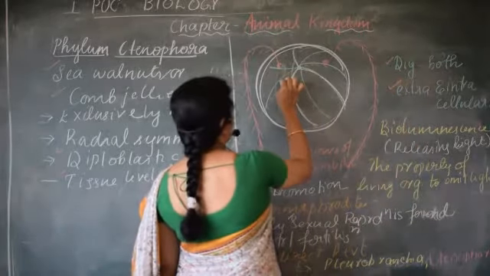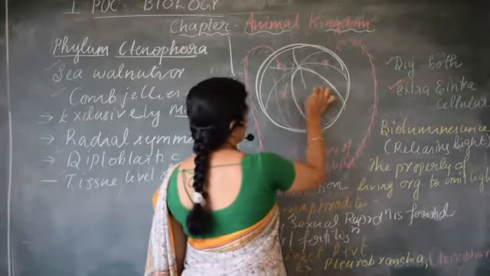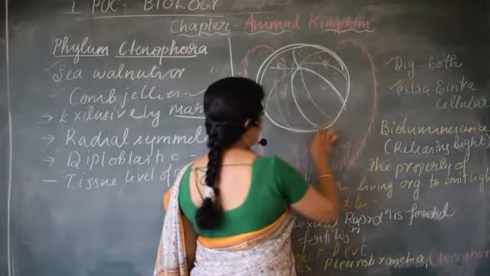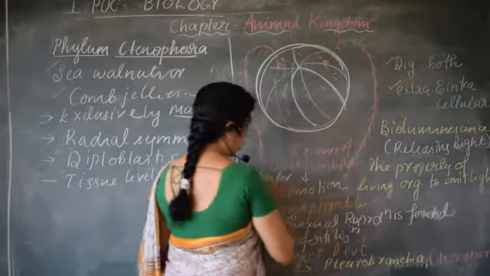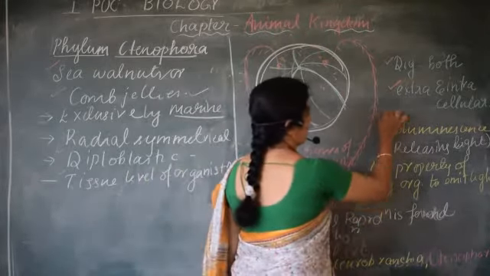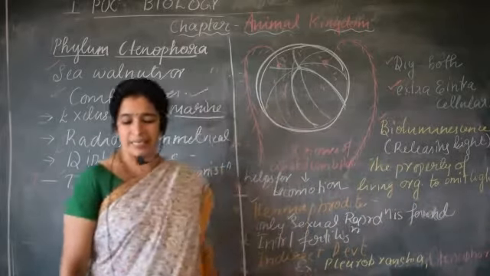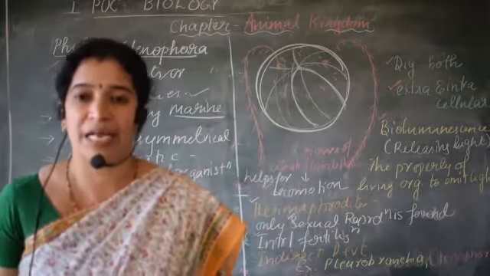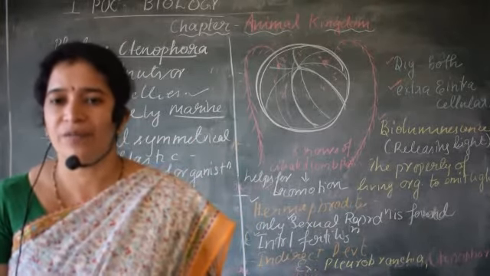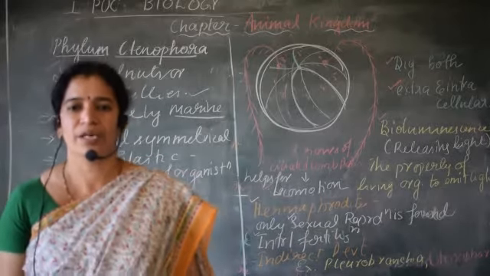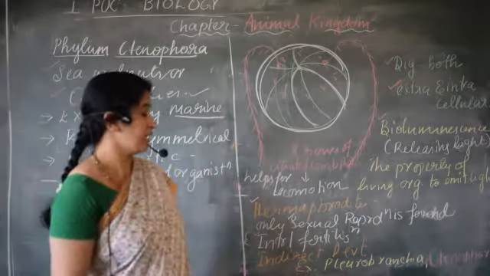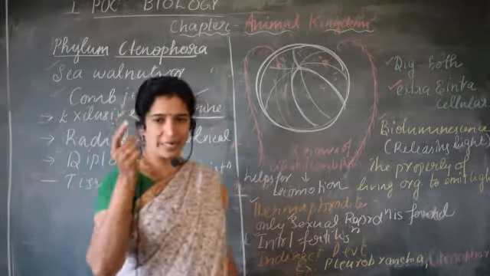They have 8 rows of ciliated comb plates which help in their locomotion. They have a special property of bioluminescence, the property of living organisms to emit light. Got it?